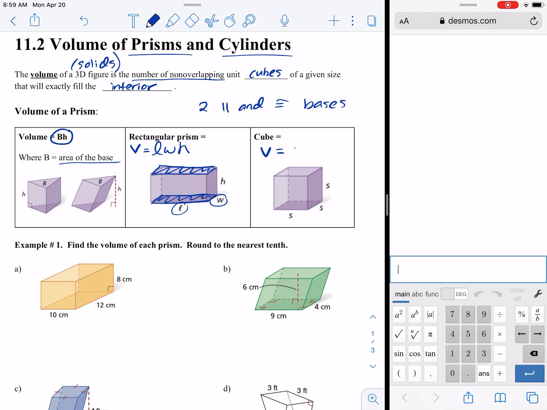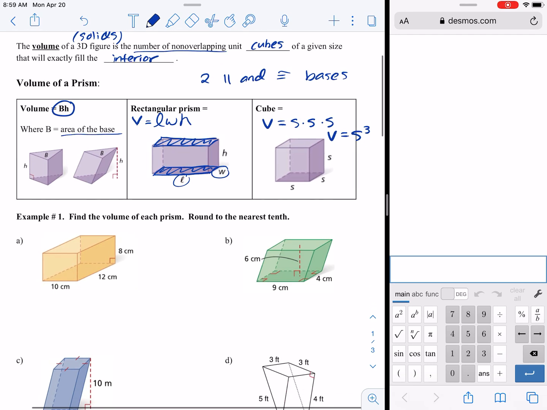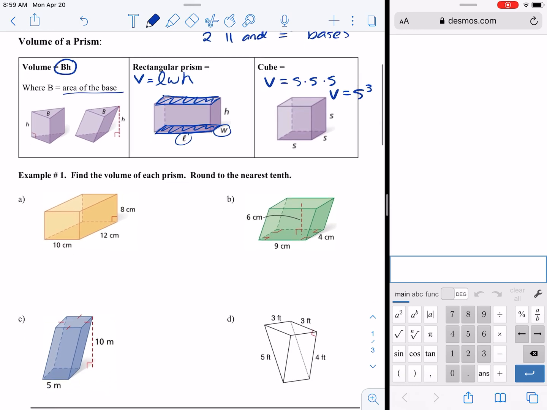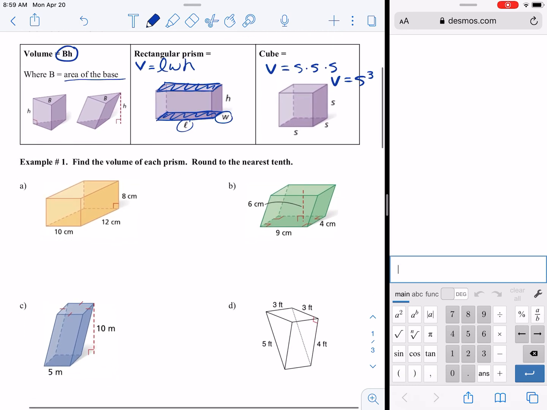So for a cube, it's just side times side times side, or side cubed. Okay? And we can use these two formulas to find the volume really of any prism. Triangular prism, rectangular prism. That's all we're going to really do for this section.